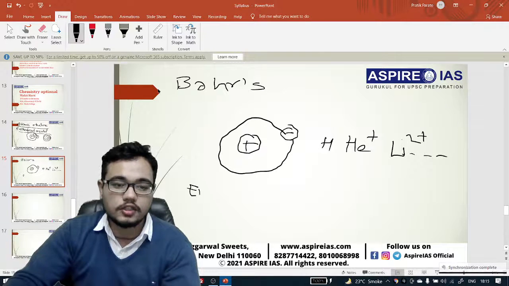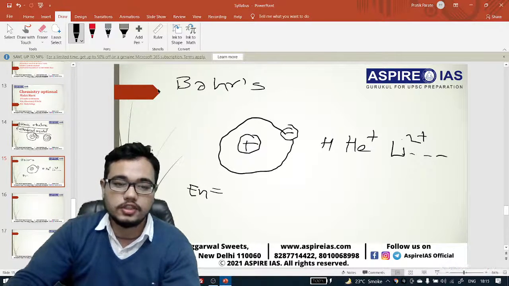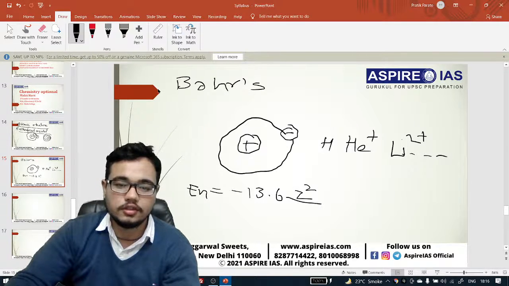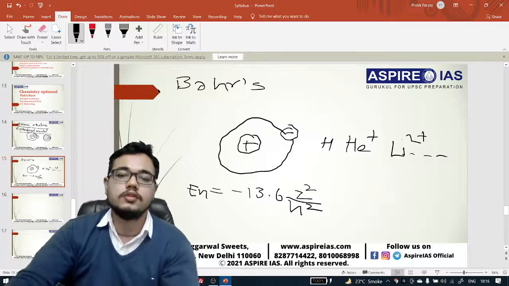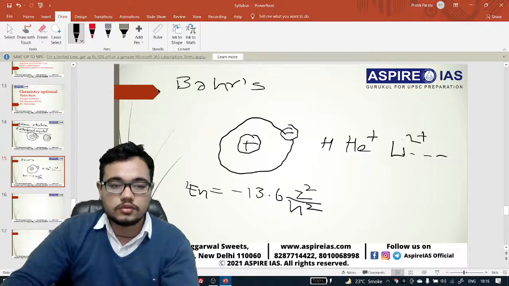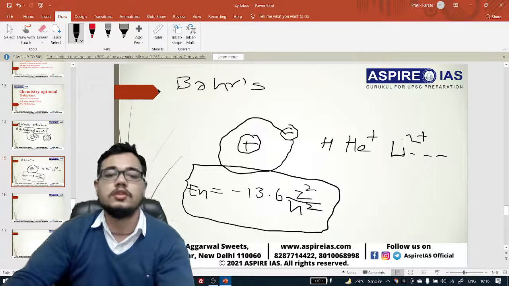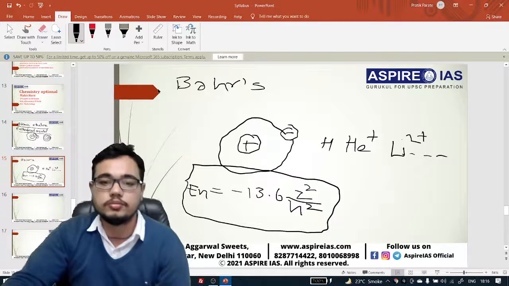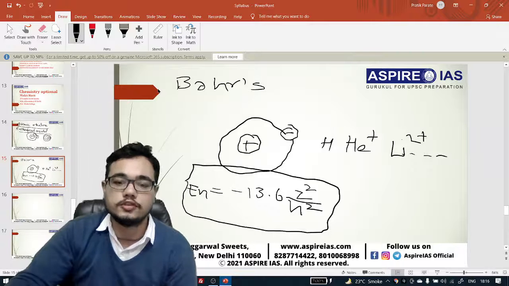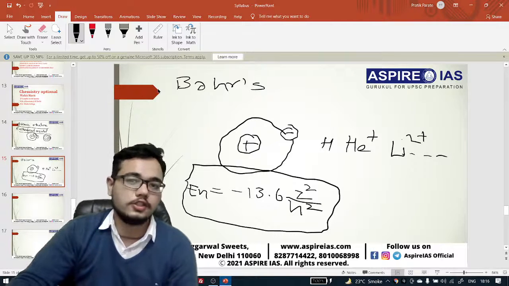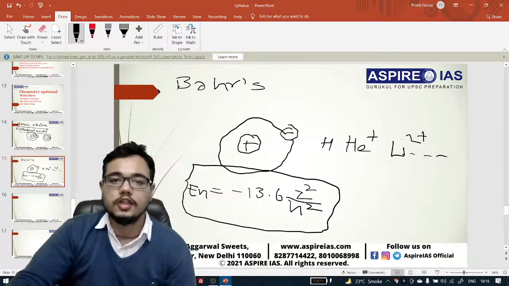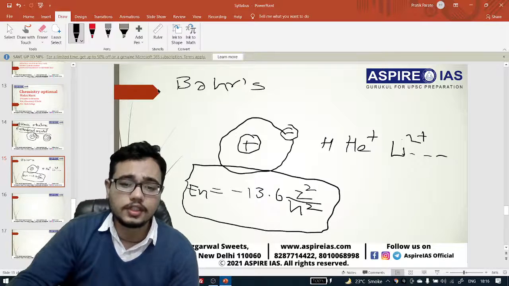Using this model, he gave the formula for energy, that was minus 13.6 Z square by n square. So the energy of an electron in an atom, according to Bohr, was minus 13.6 Z square by n square. Here Z is the atomic number, and n is the energy level in which the electron is present.